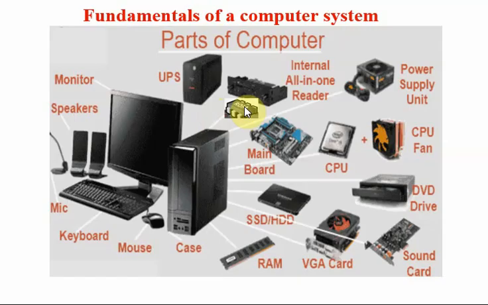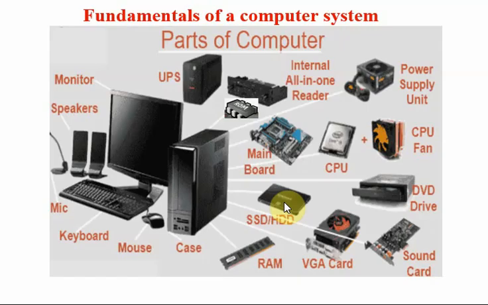This will find the master boot record. Any disk drive, when loading the operating system, can't just load it; it needs to locate the master boot record, and only from there can it load the operating system.